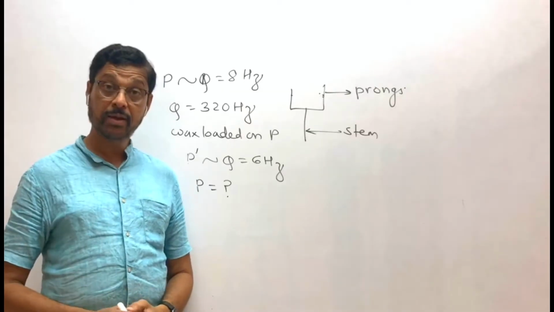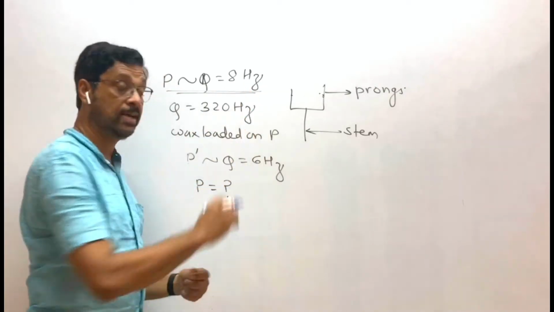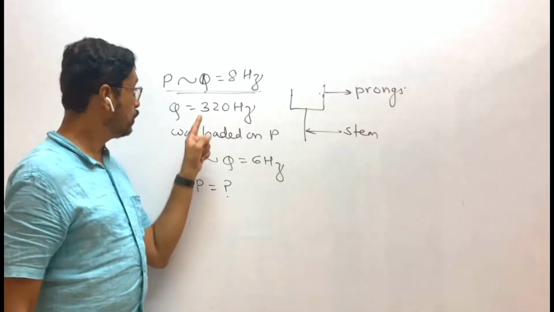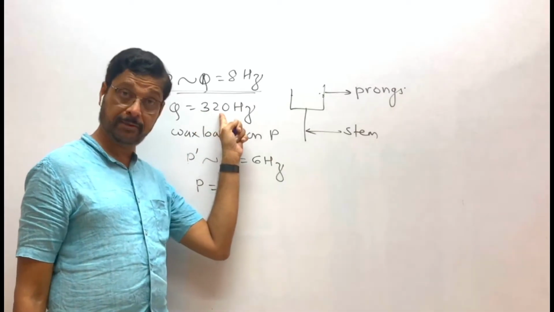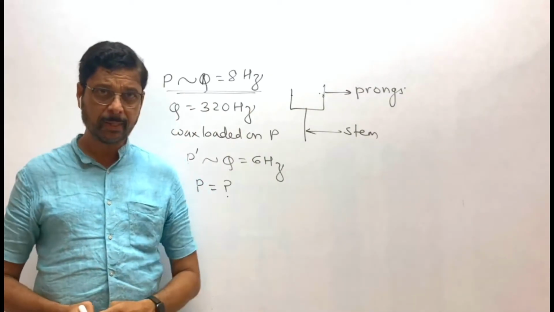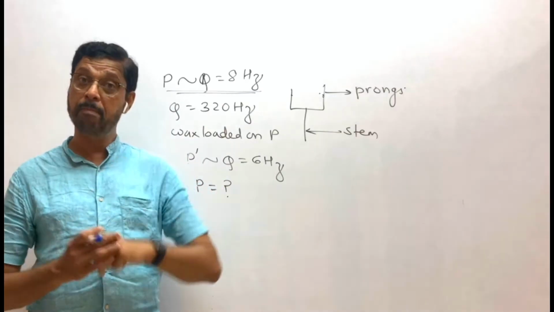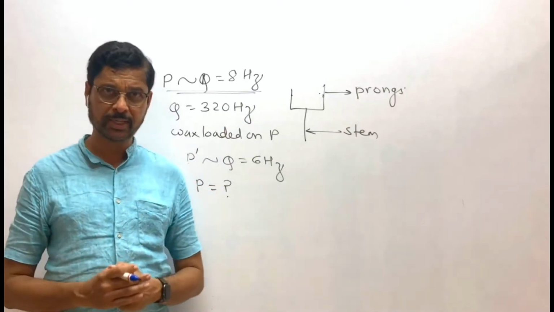Initially, when no wax is added, the difference of frequencies is 8. Q की frequency है 320, तो P की frequency only 2 chances, either 320 plus 8 or 320 minus 8. दोनों में से कुछ एक हो सकता है.